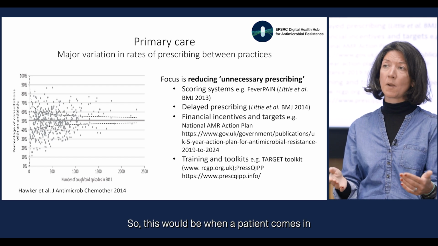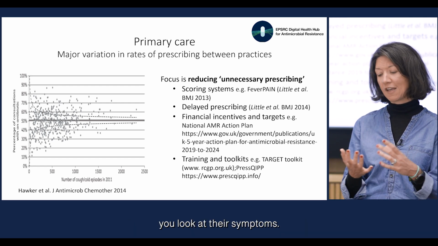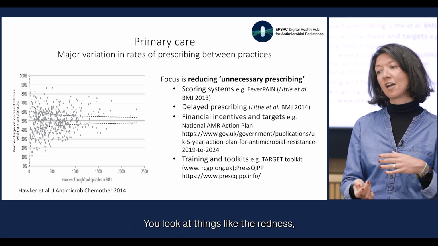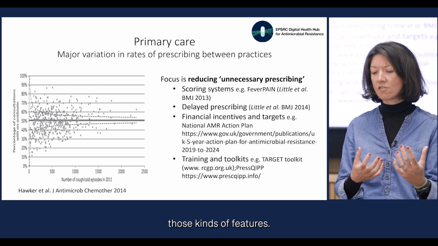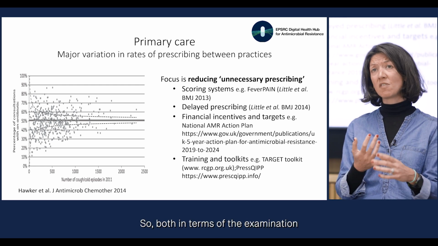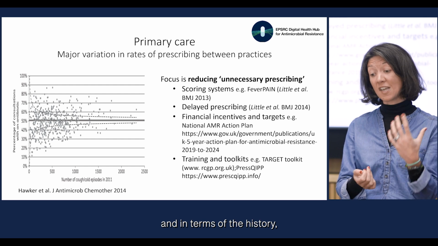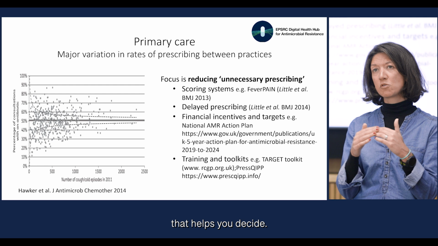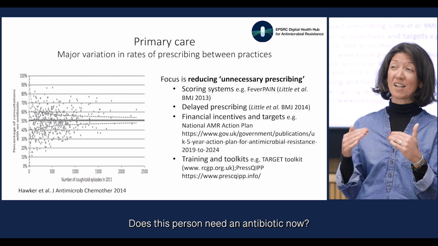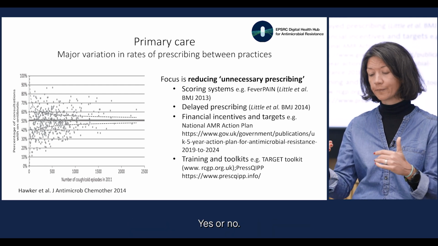So this would be when a patient comes in, you look at their symptoms, you look at things like the redness, their temperature, those kinds of features, so both in terms of the examination and in terms of the history, so talking to the patient. And then you have a score that helps you decide, does this person need an antibiotic now, yes or no?